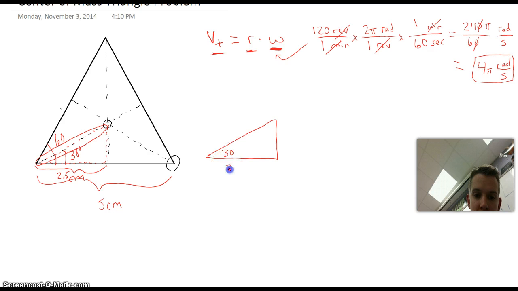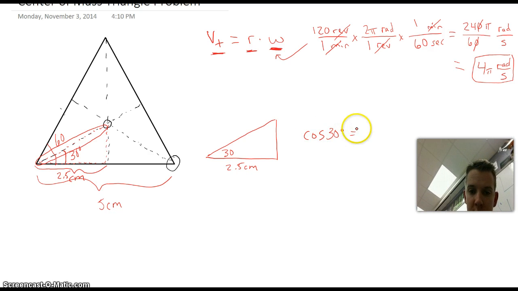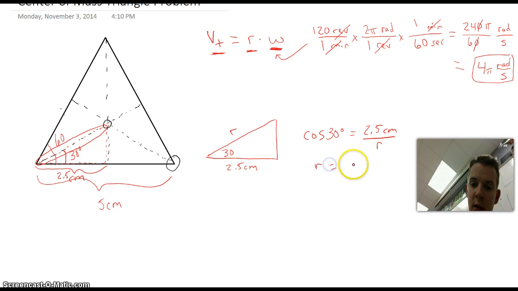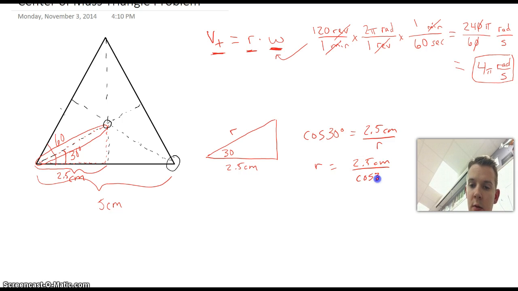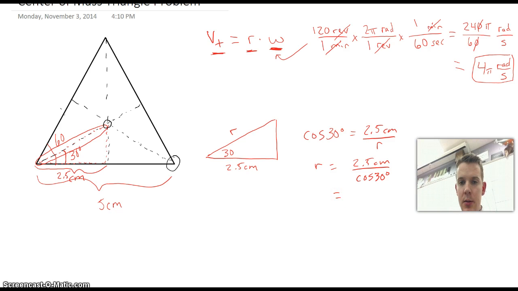So I'll just redraw that little triangle. You've got a 30-degree angle, you've got 2.5 centimeters on this side, and so I'm going to use cosine is equal to the adjacent side over the hypotenuse, which is really r, and then we'll solve for r. When you punch that into your calculator, you get about 2.89 centimeters, or 0.0289 meters.